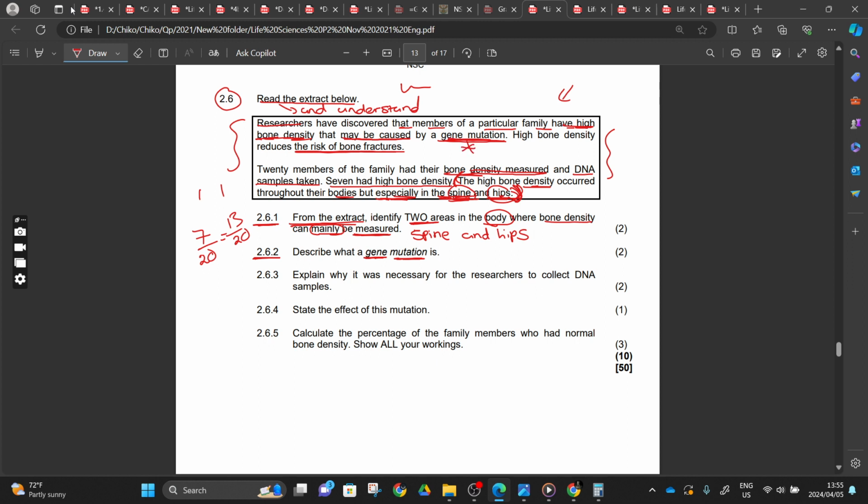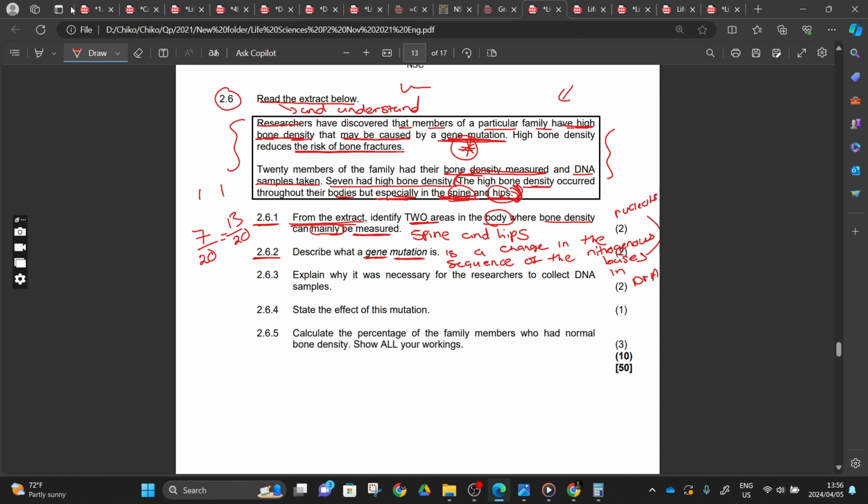Because now we are dealing with a gene mutation here, for sure they will ask you what a gene mutation is. And when you say a gene mutation, you know a gene mutation is a change in the sequence of the nitrogenous bases in DNA, or nucleotides, right? Nucleotides in the DNA, right?